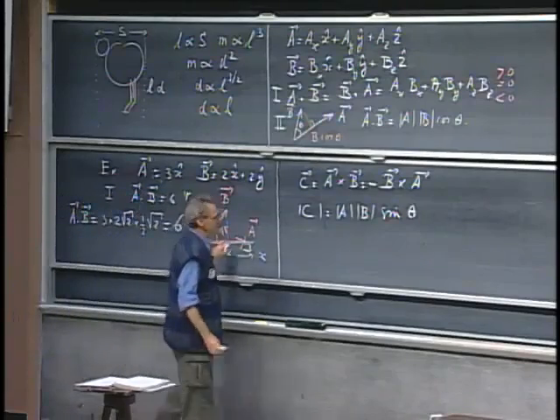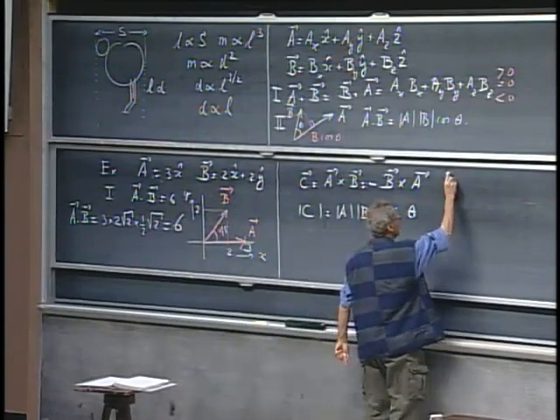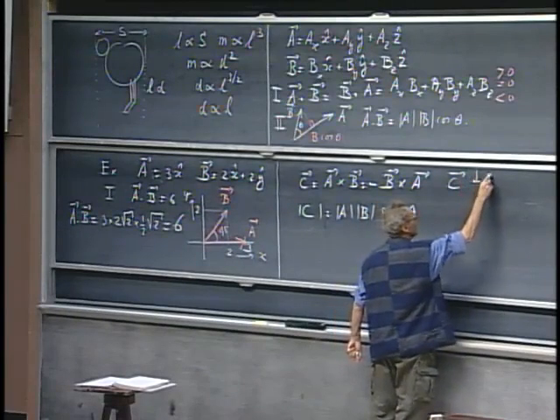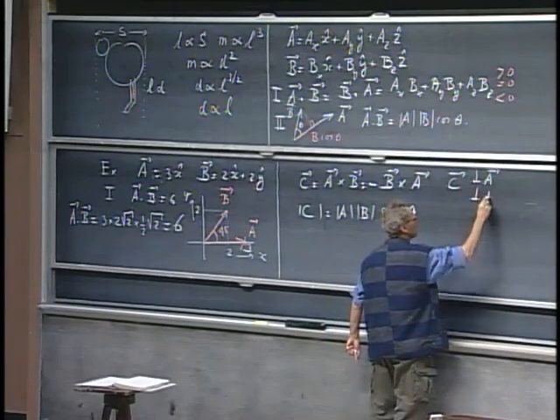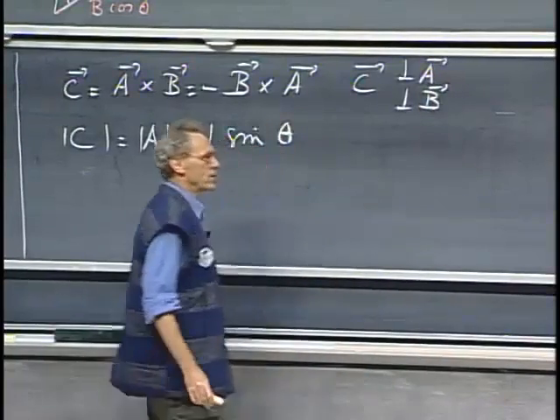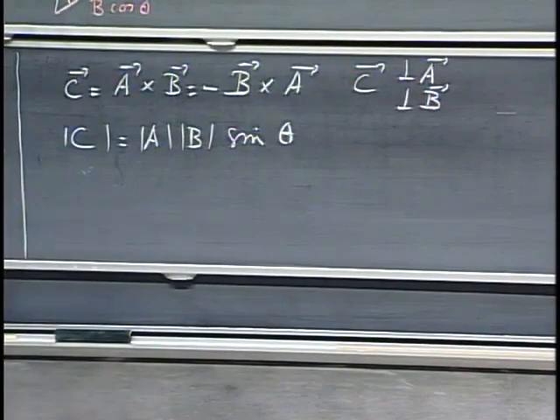The vector C, the cross product, is always perpendicular to both A and perpendicular to B. In other words, it's perpendicular to the plane of the two vectors.